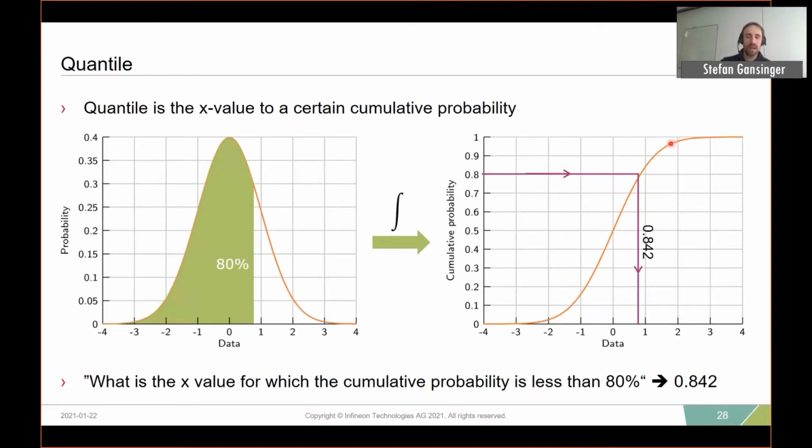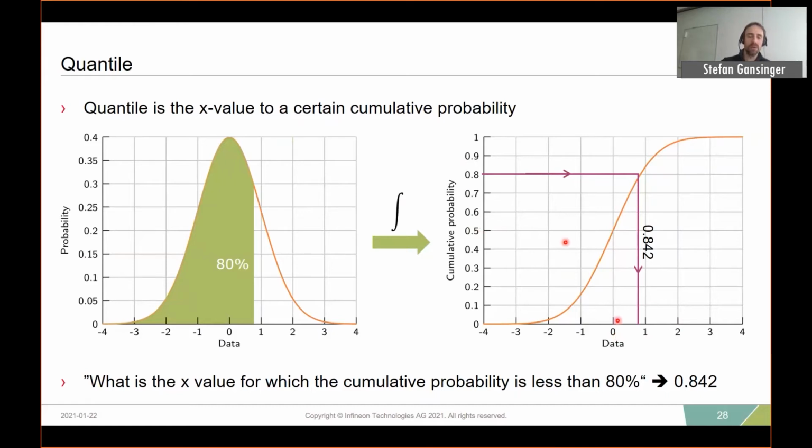When we speak about quantile, we go in the other direction. So we define a probability. For instance, we want to know the data value for which the cumulative probability is 50%. So we go to the 50% and get a data value, in this example, of 0.